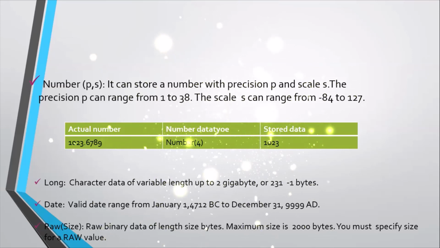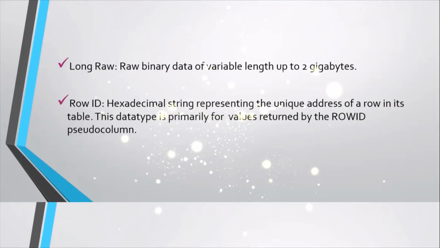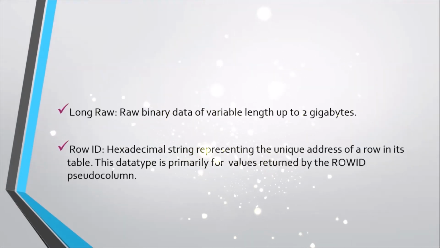This will remain the same here also. What is number? How do we represent it in SQL? How does long work? What is the size in bytes? What is the date type and what kind of size for the data types? It's about long and rowid.